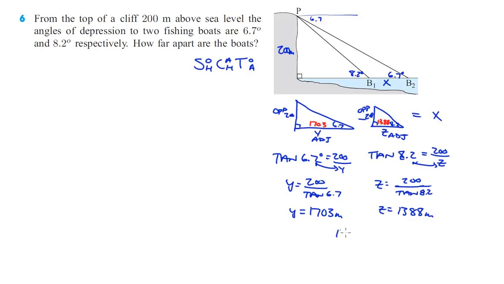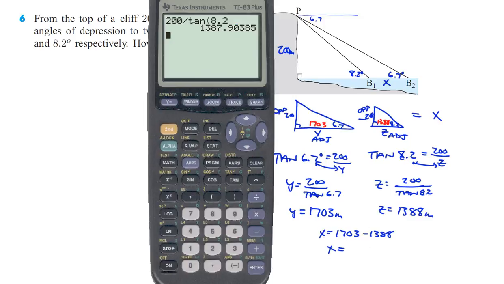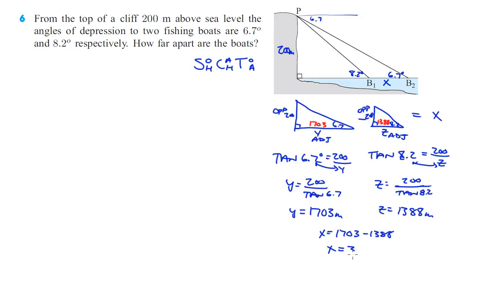So we take 1703 minus 1388, and that's going to be our x, the distance between the two boats. We get 315 meters is the distance between those two.